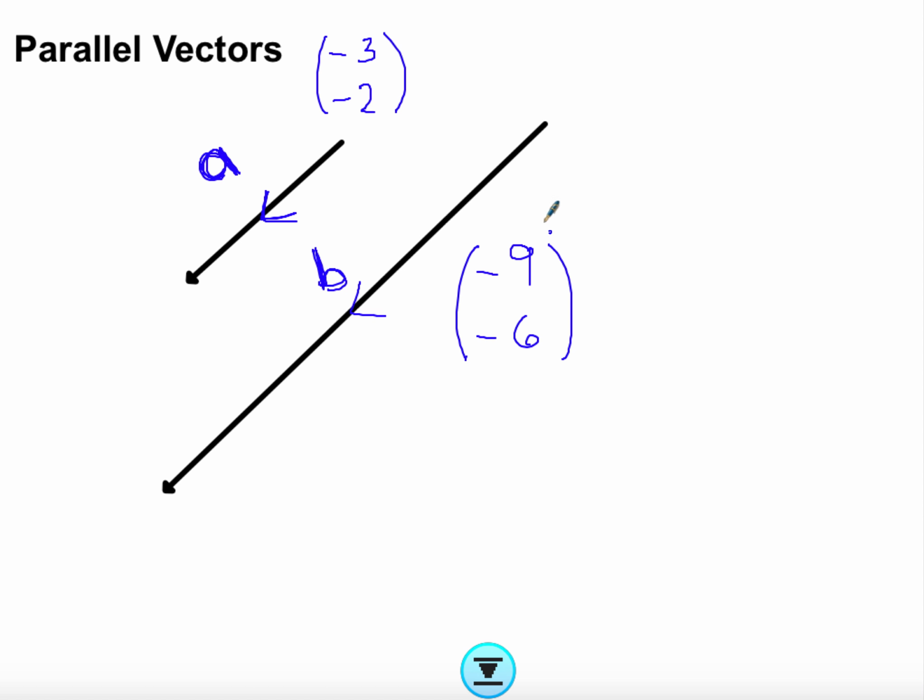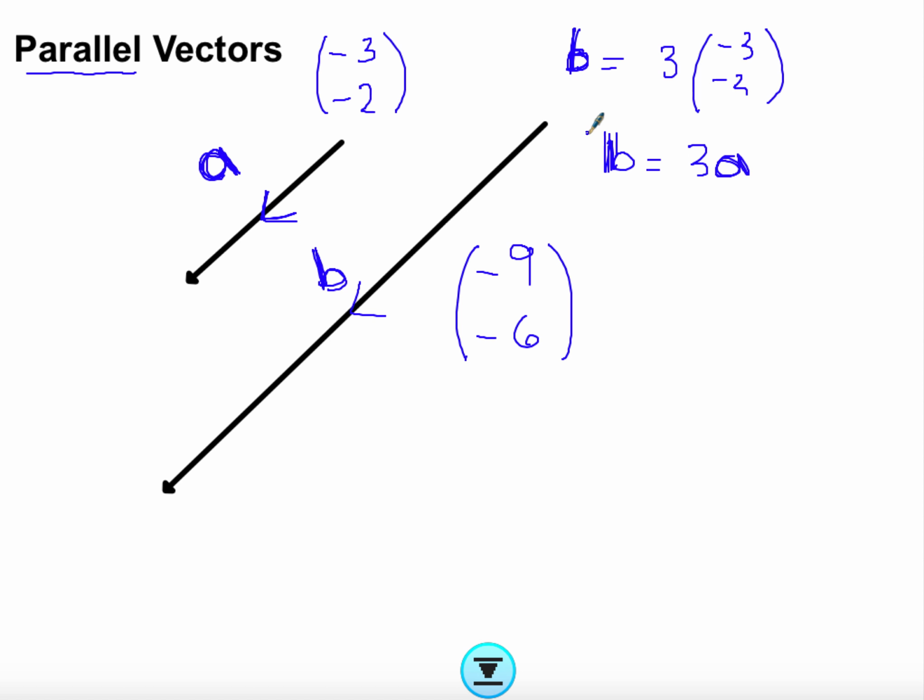So if you notice that B is actually a multiple of A, because B is basically just 3 times A. And when you have this property, then the two vectors that you have are parallel. They will never meet, and they're just moving in the same direction.